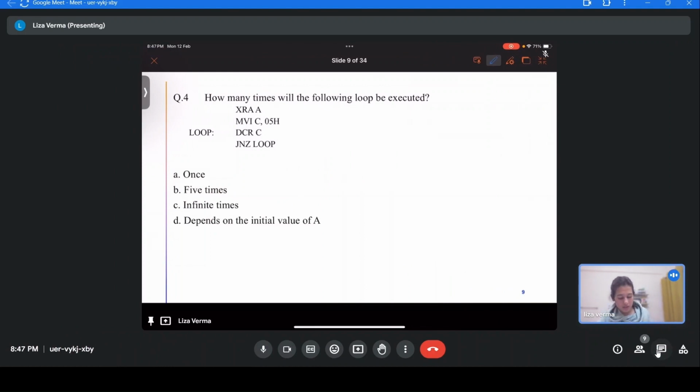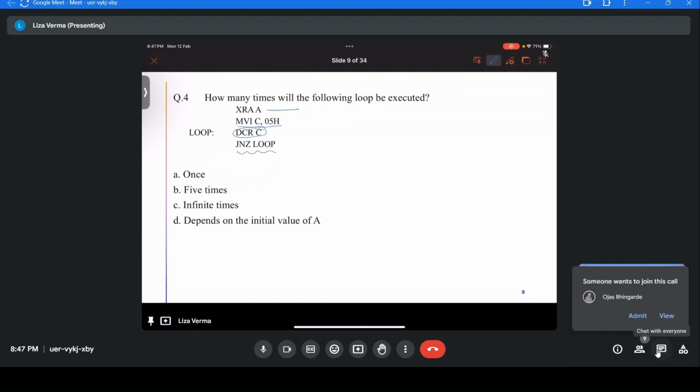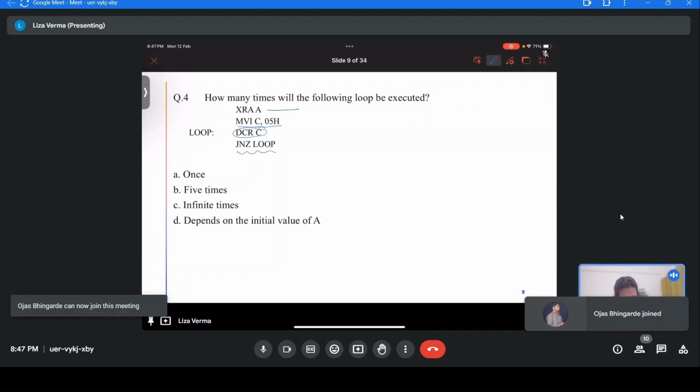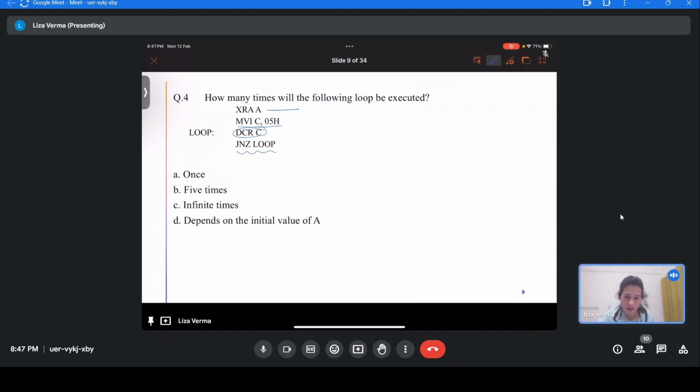All right. This XRA has nothing to do with the loop. In this instruction, we are loading 05 to C, and then we are decrementing C, and then there is a conditional jump to loop, which means this decrement C will be executed as many times as the value of C that was loaded before the loop.